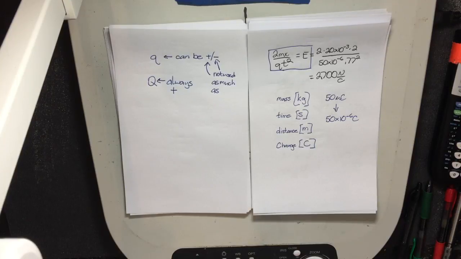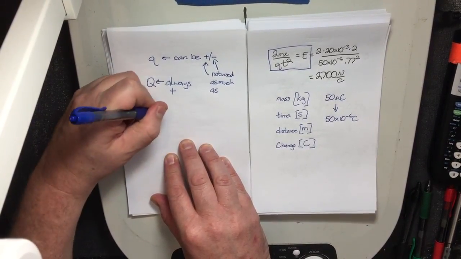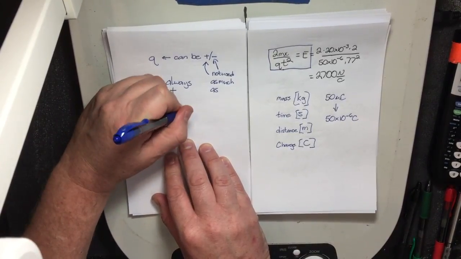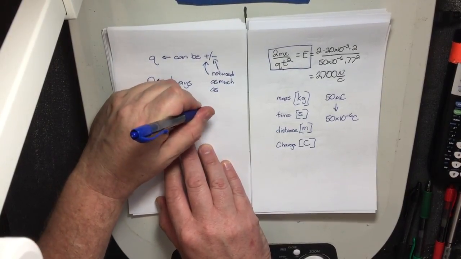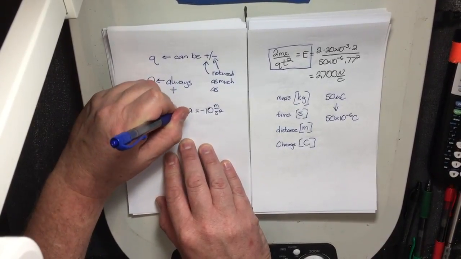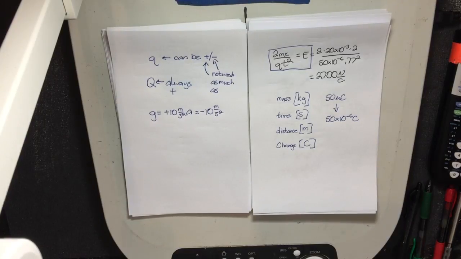I'm very hesitant to have equations that have negative signs in them because negative signs are shifty. We know G is the magnitude of the acceleration by gravity, which is positive 10, and A, the acceleration of an object falling to Earth, is negative 10 meters per second squared. I tend to deal only with positive as far as I can, for 95% of what I do. There are a few exceptions, but only a few.